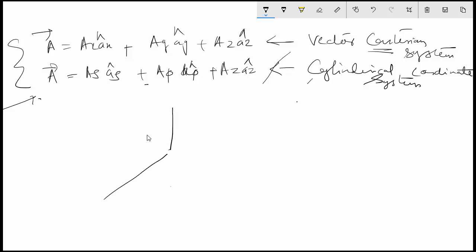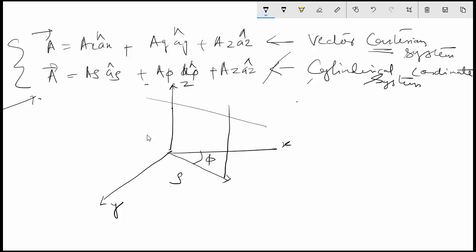You'll have to draw that diagram again, and this is your z, this is your x, this is your y, and this was your rho, this was your phi, and this was your z.